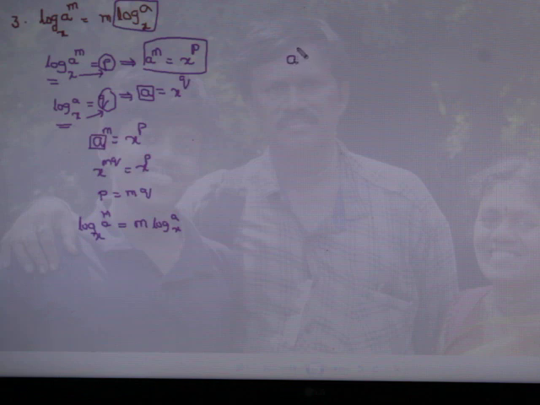A power 0, anything power 0 is 1, you know. If you want to convert it into logarithms, 0 equals log 1, and this a becomes the base. Log 1 to any base is 0.